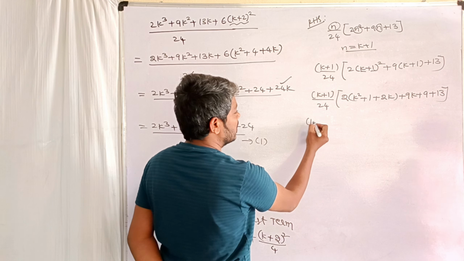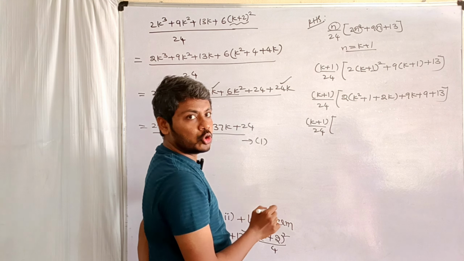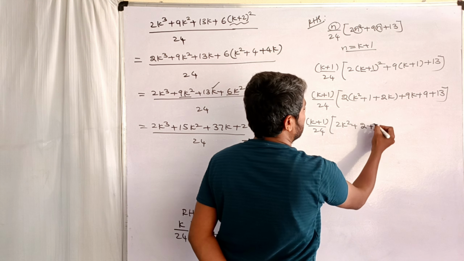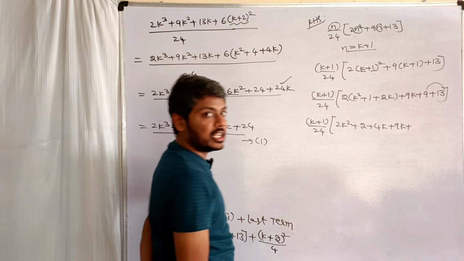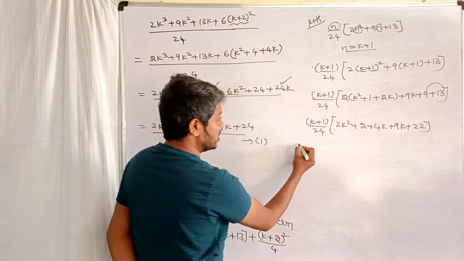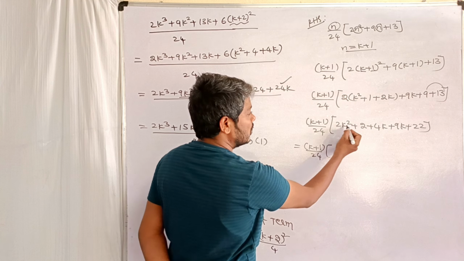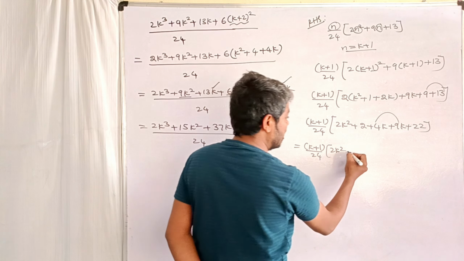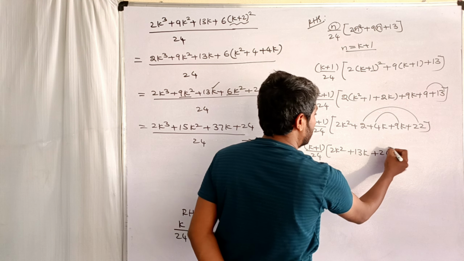Again which is (k plus 1) by 24 multiplying with 2: 2k square plus 2 into 2, 4k, plus 9k, 9 plus 13, 22. Again which is (k plus 1) by 24, 2k square, 4k plus 9k, 13k, 2 plus 22, 24.